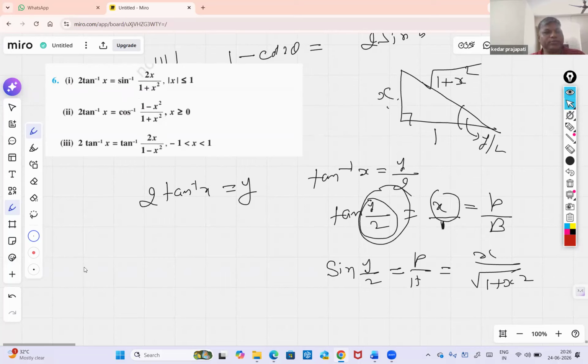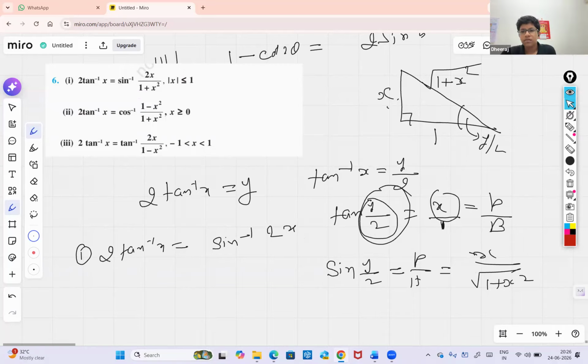So what formulas are coming from here? If you're writing 2 into tan inverse x, it will be sine inverse, see here, 2x by 1 plus x square, root will not come.